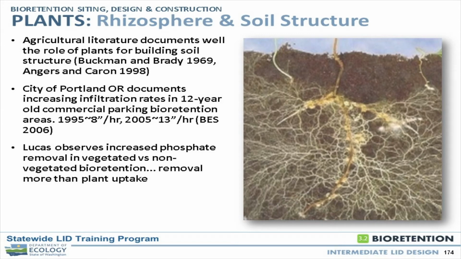Lucas and Greenway in Australia observed increased phosphate removal in vegetated versus non-vegetated bioretention systems. That shouldn't be any surprise at all. What was a surprise in that research is when they went through the whole mass balance, they found that phosphate removal was more than you could account for in the plant uptake. So there was rapid and significant uptake by the soil microbes. Interesting. So that was a very interesting finding from that study.